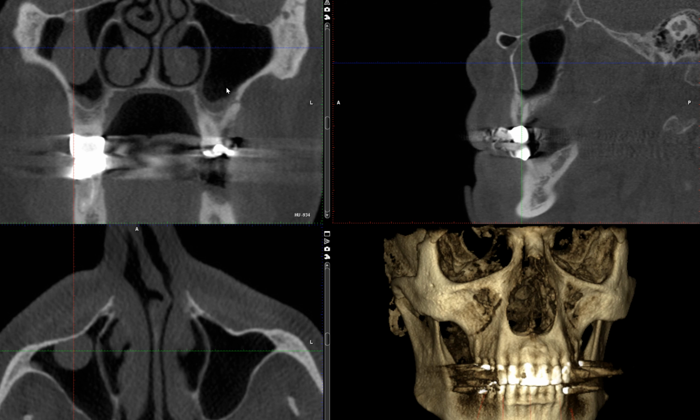But here on the pan, you saw just an opacity that appears to be suspended up in the air in the middle of the maxillary sinus. And that's why it was a little bit more confusing. But looking at the cone beam CT, we know, yes, there is a mucous retention pseudocyst along the anterior wall of the maxillary sinus, extending all the way to the roof of the maxillary sinus.